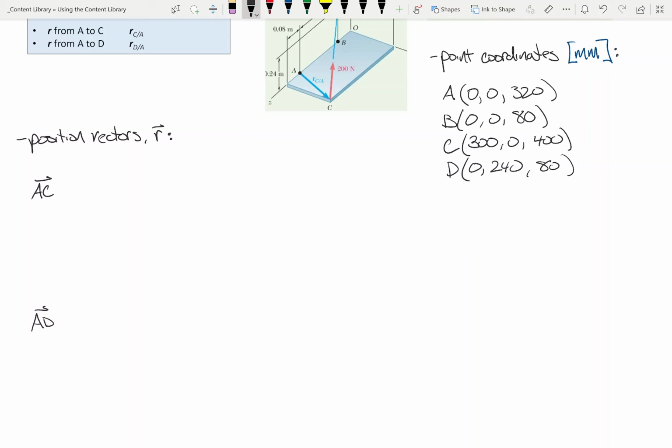Okay. Now I'm going to introduce some new notation, and I'm introducing this because this is what the textbook uses. There's actually some logic behind it. It's actually pretty nice.